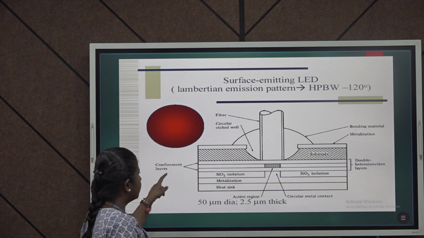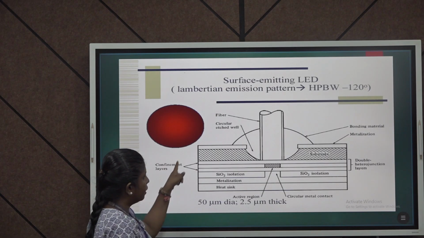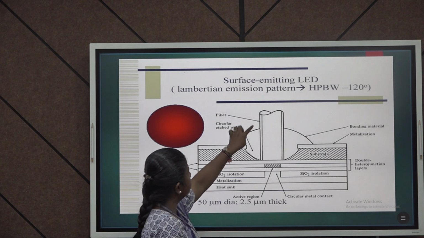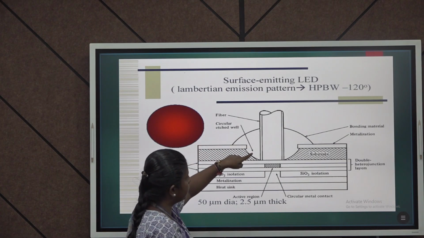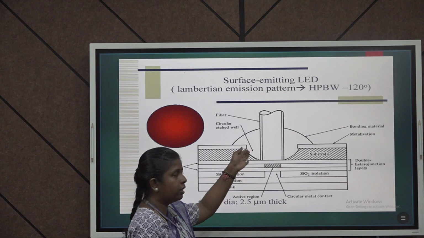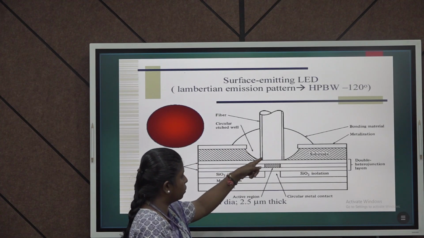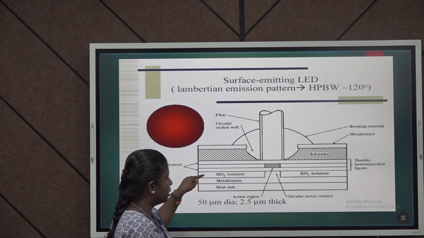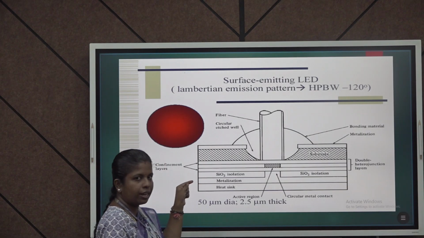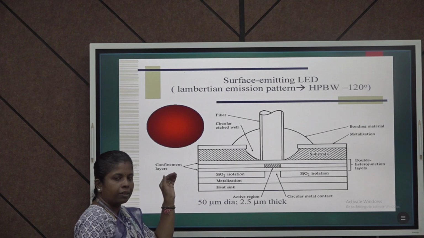Here you can see the confinement layer, and here is the fiber, and the circular part of the fiber, which holds a core and a cladding, is etched in this particular well, and the substrate, and there will be a silicon dioxide isolation, metallization and heat sink for the emission.